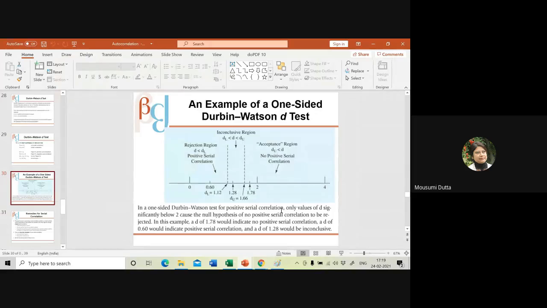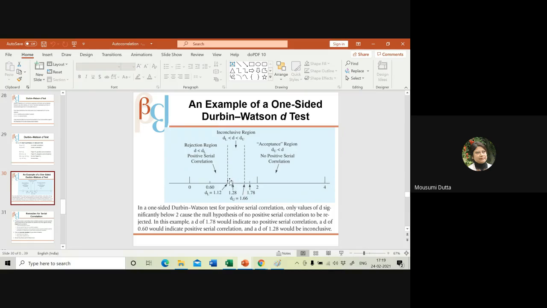We can show these things using a number line as well. So here we are considering a number line. This is 4, this is 0, and in between this is the value 2.